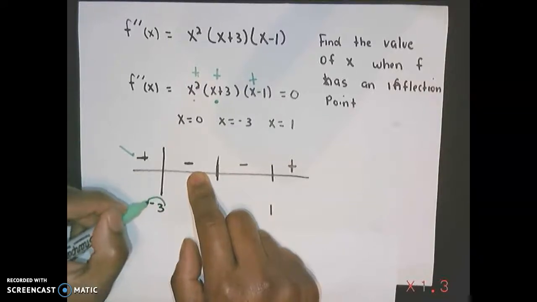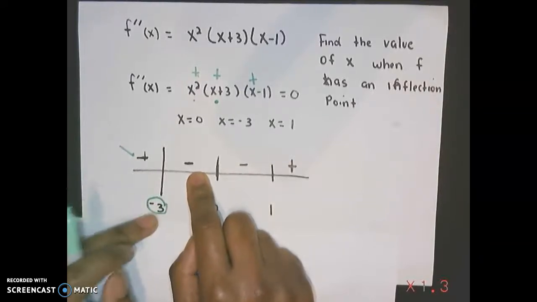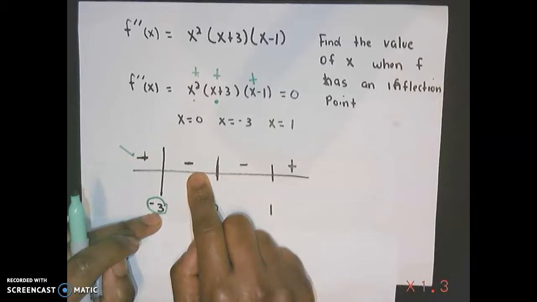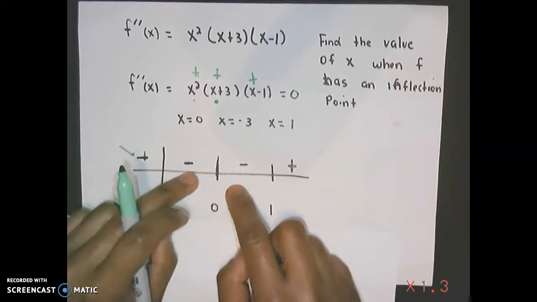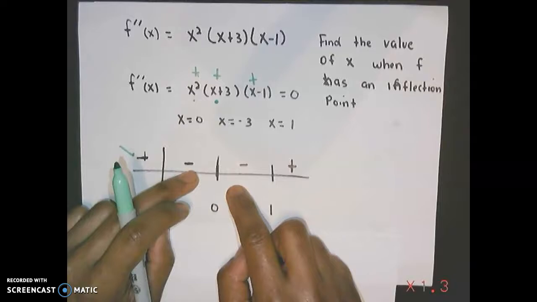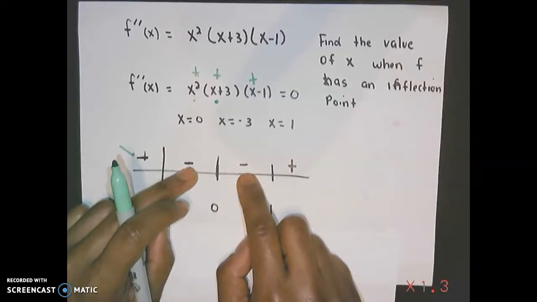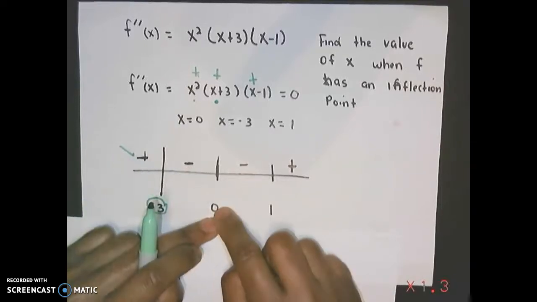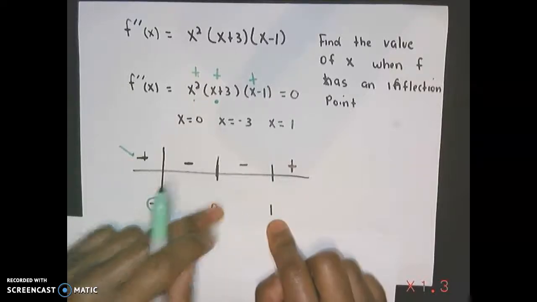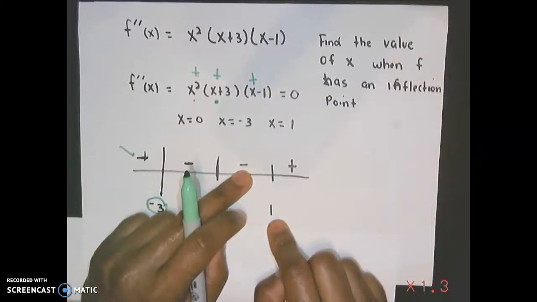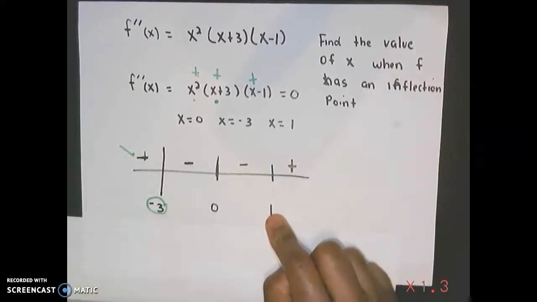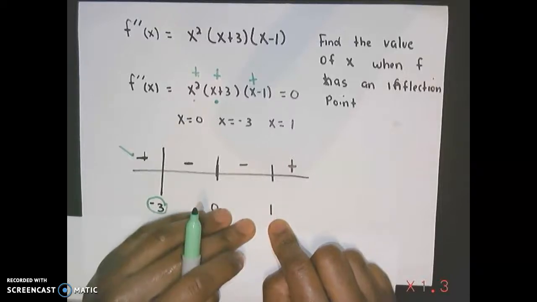So I know that when x is equal to -3, this is going to be a value where the graph has a point of inflection. Here we don't change concavity, so it keeps concaving down. So 0 is not going to be a place where we have a point of inflection, and then here we go from concaving down to up. So 1 is going to be a point of inflection.